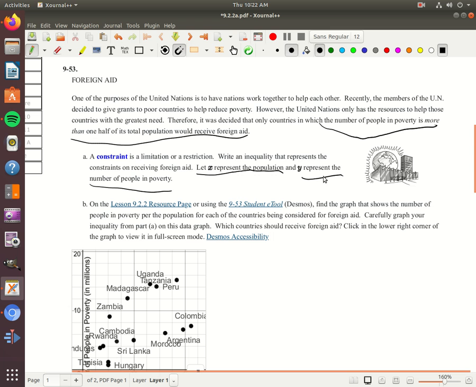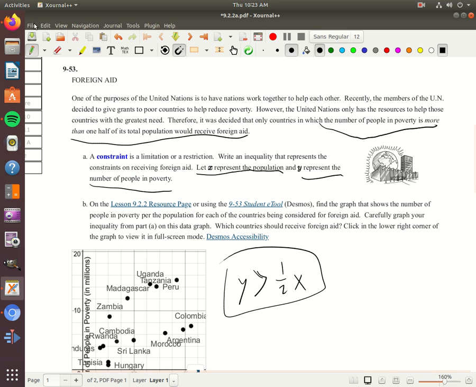It's not going to be equal to. It doesn't say it can be equal. It's got to be more than. So this is the inequality that I'm going to use over in this resource page.